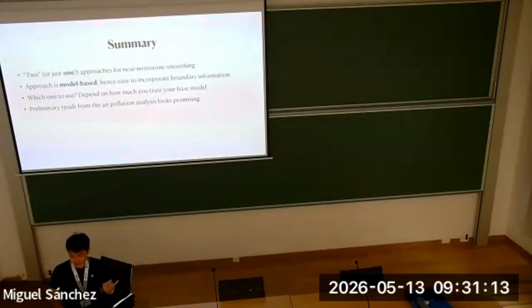Which one to use depends on how much you trust your base model. And for me, the reason we do smoothing rather than parametric regression is because we have uncertainty about its shape, so I'm a little bit biased toward the MJP approach. And the preliminary result provided by Gaussian, I think, shows the promise of the MJP approach on real data.